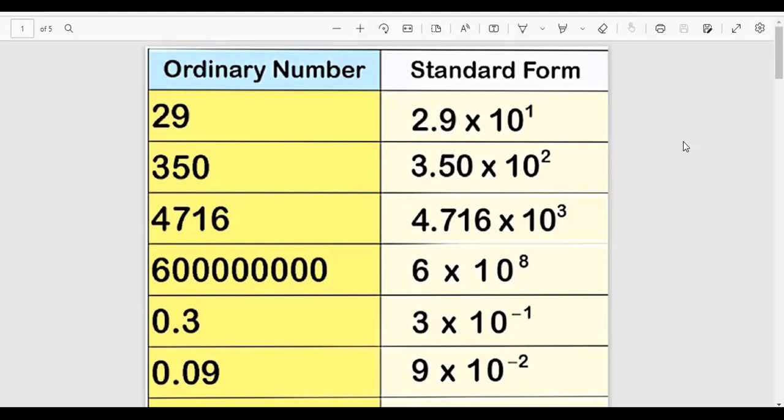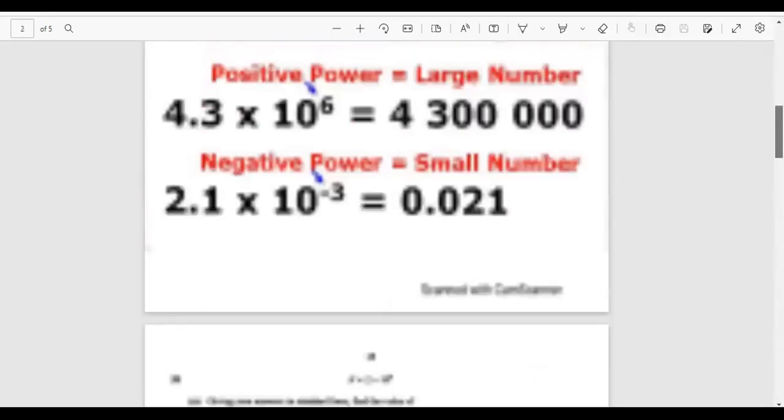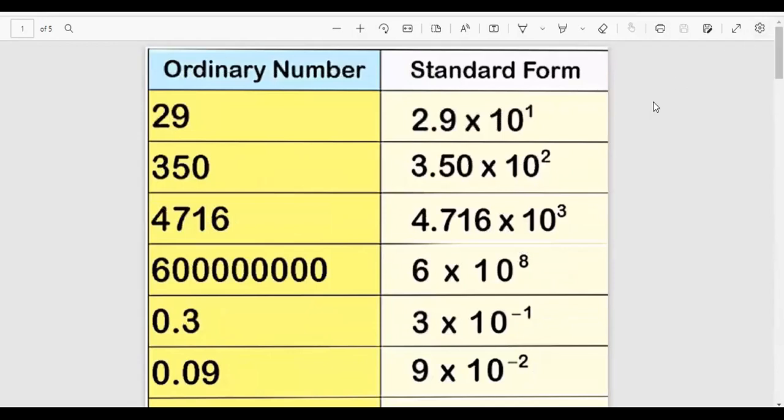Standard form is also another way of writing down a number, and the examiner can either ask you directly to write down a number in standard form, or you will see where exactly we will be using this. Once we're done with the discussion, we will be talking about some past paper questions, just so we get the idea. But for now, let's talk about how exactly we are converting a number to standard form.